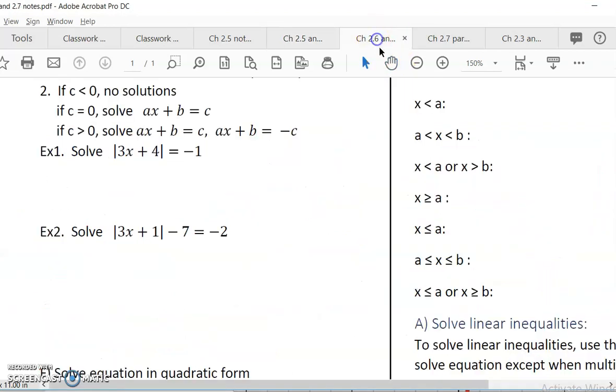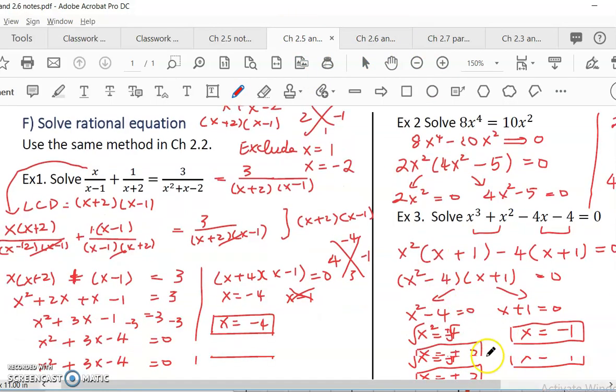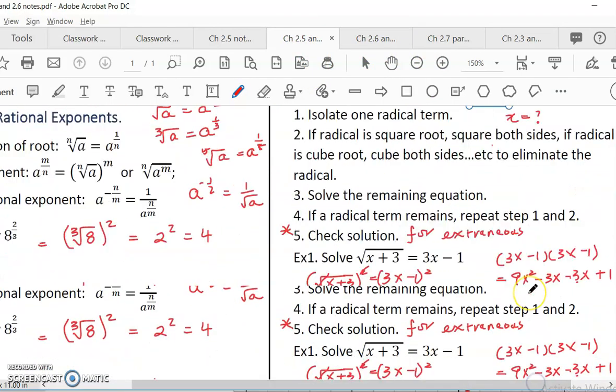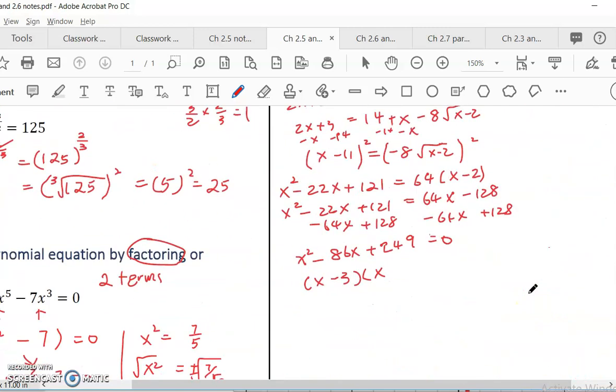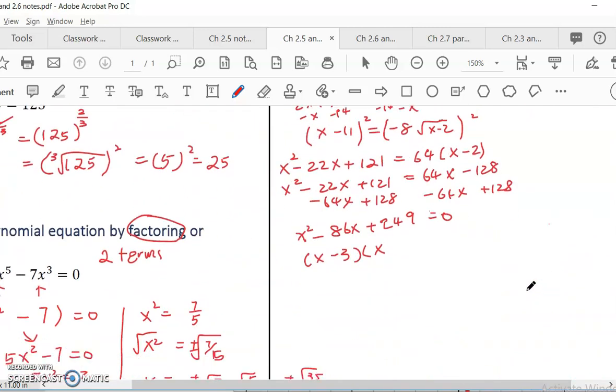It's this one. I lost it. I think it's right here at the bottom. So x minus 3, x minus 83 is equal to 0. Right, because x is equal to 3. You can actually skip this and say x is equal to 3. I just pretended I factored it. X equal to 83 from the graph.